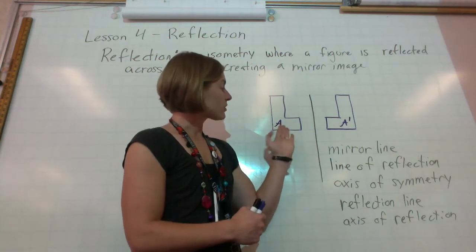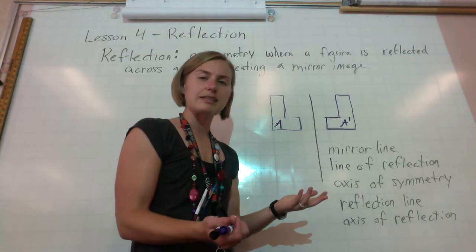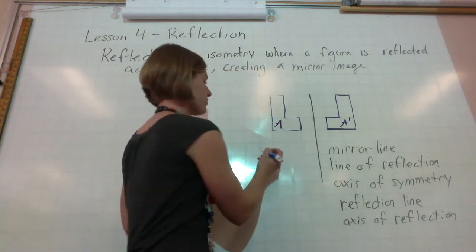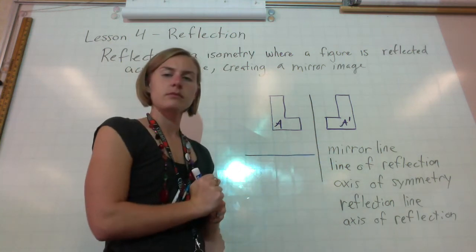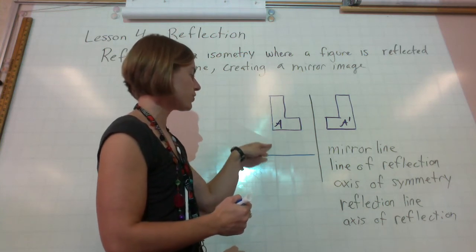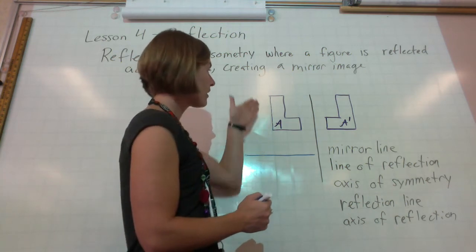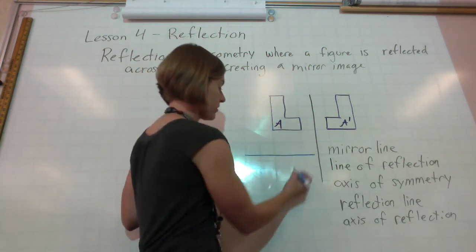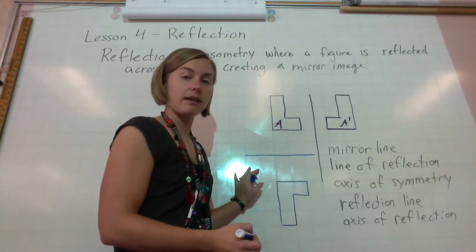So now, it's all fine and dandy to flip something across that way, but what if we reflected down instead? What if our line of symmetry was this one? Well, now, in this case, because our figure was 2 blocks away from our line of symmetry, then our next image should also be 2 blocks away. So we're going to start down here, and it would get reflected like that.